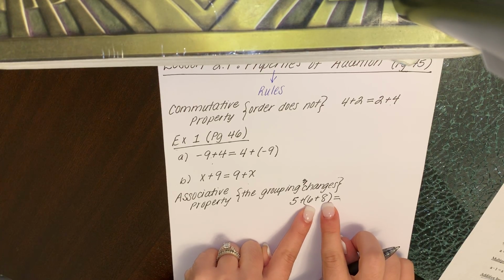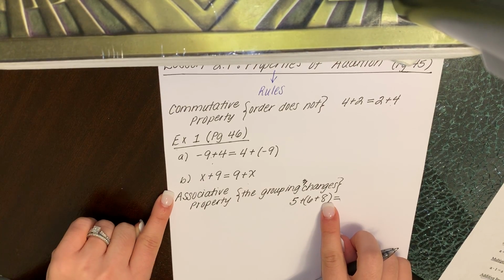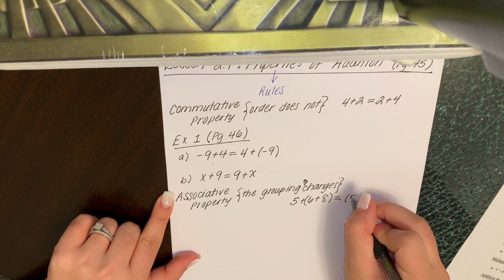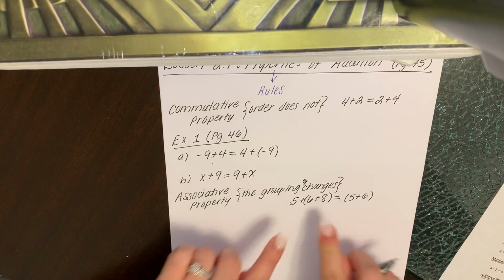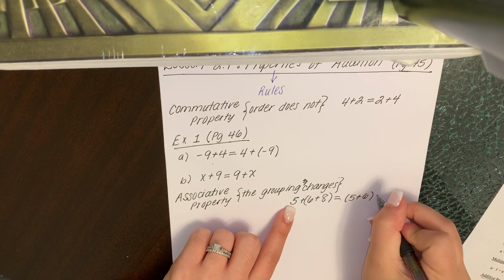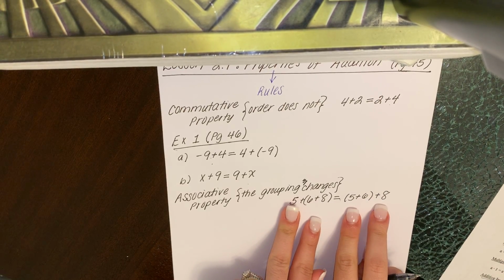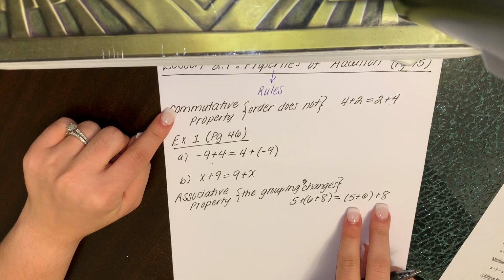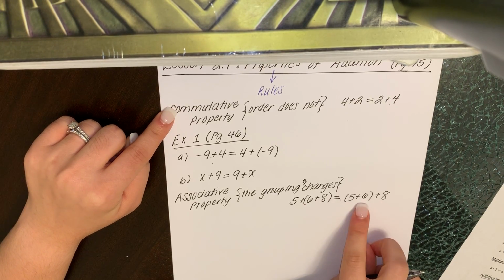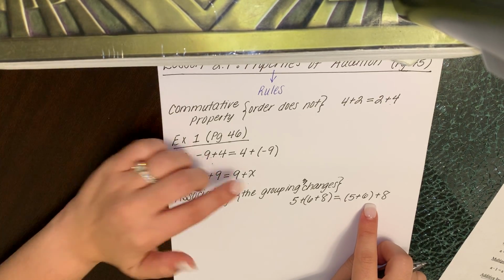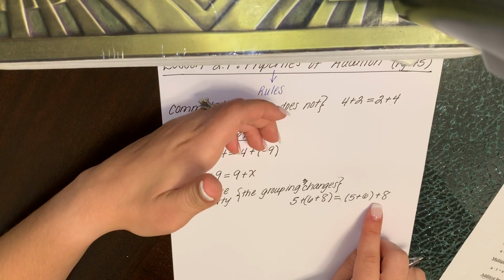If it's changed, then you know it's associative. For example, if I change this to 5 plus 6 inside the parentheses and leave the plus 8 alone, you're still going to get the same answer. So it's kind of similar to commutative property, where what goes inside really doesn't matter. The grouping changes, but your answer doesn't change.